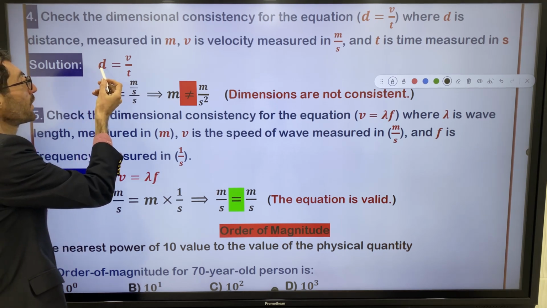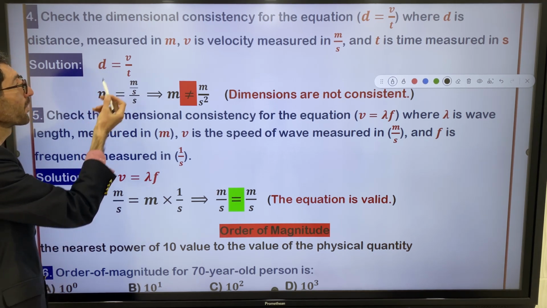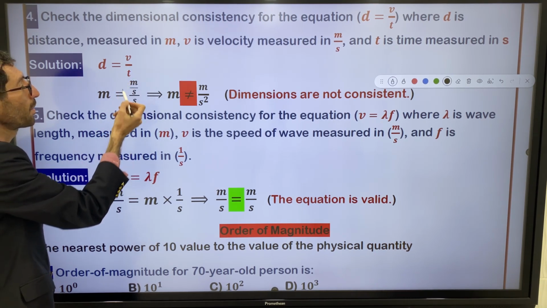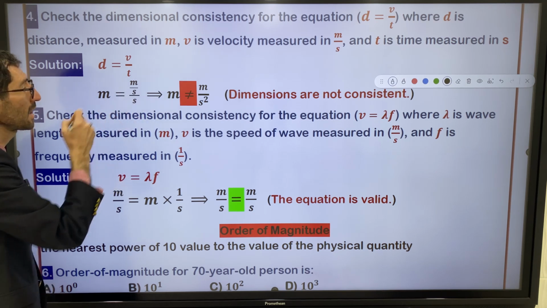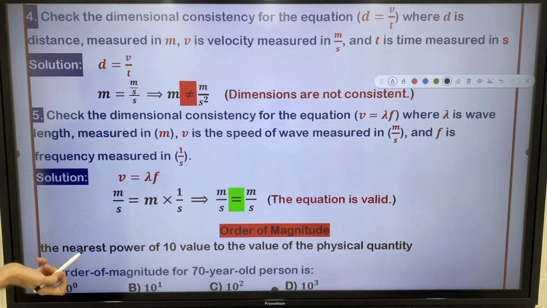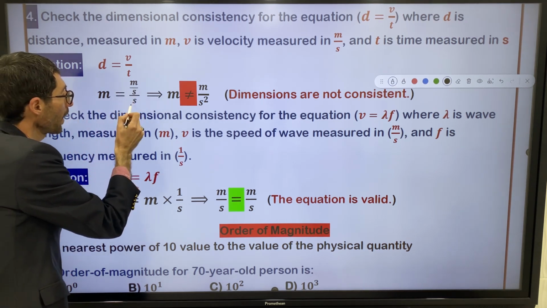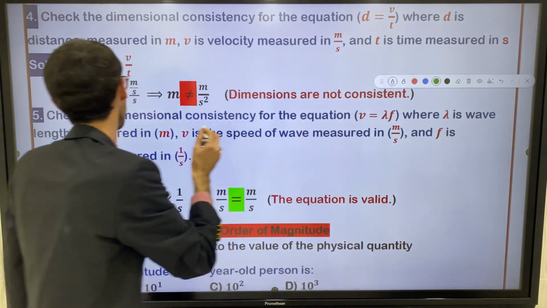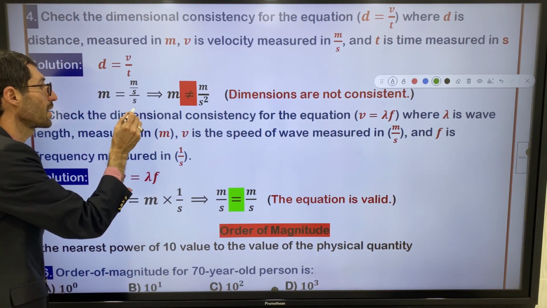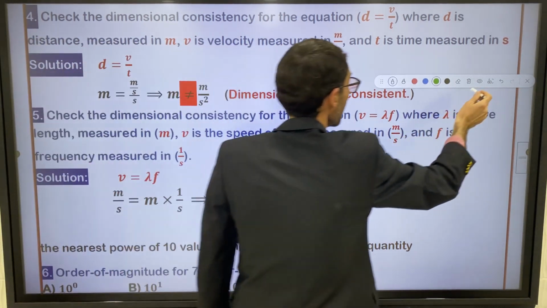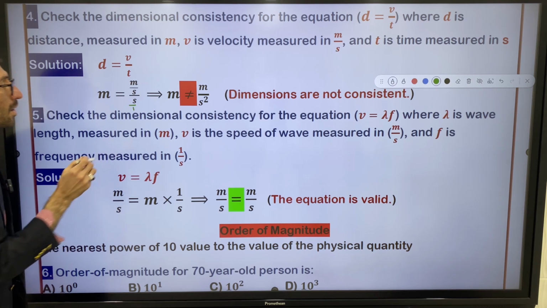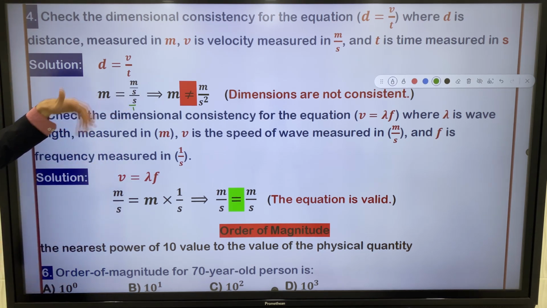So instead of D, I have to write meters. Instead of V, I write meter per second divided by time. Time interval is measured in second. Let me put a denominator of 1 for this fraction, s over 1.